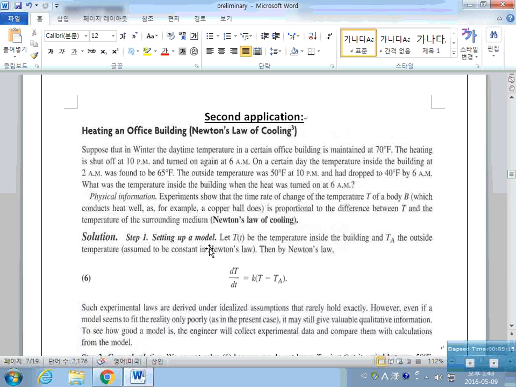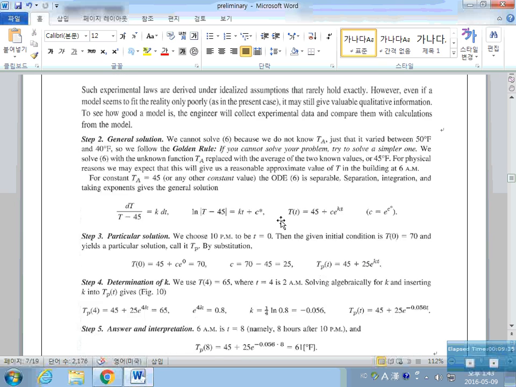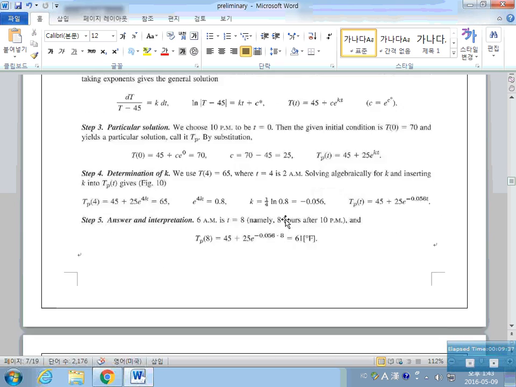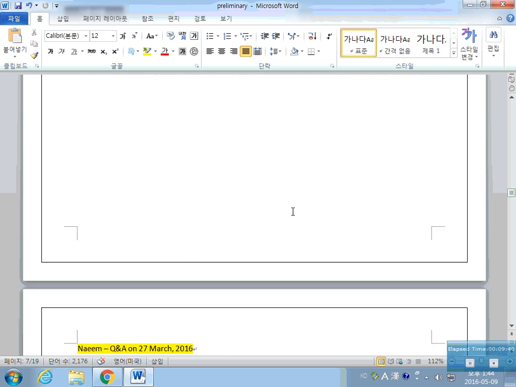So it will get warm with respect to the outside environment. We will model this in our differential equation form, then we solve it, and from this solution we can know what will be the inside temperature of the building at each and every interval of time. So this is the second application of the differential equations.